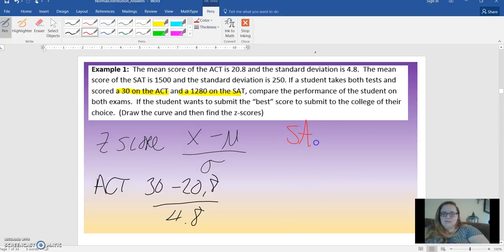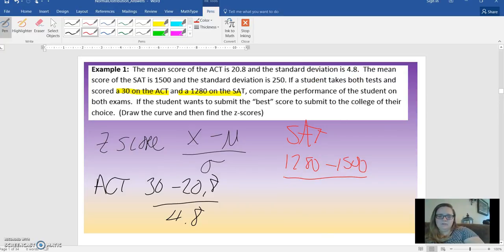Then the SAT is 1280 minus 1500 over 250. All right, let me put this in our calculator.